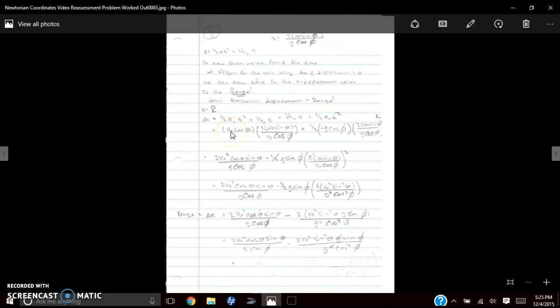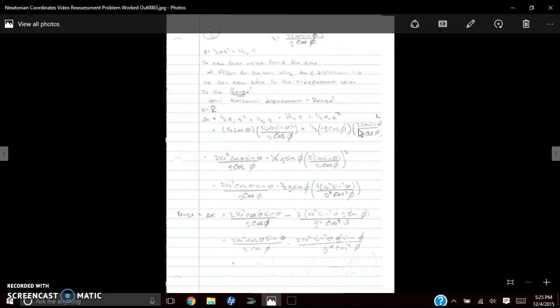So here I'm plugging back into my displacement equation for x: v naught x t plus 1/2 a x t squared, which is my acceleration in the x direction, my time of flight, and my initial velocity in the x direction. This is my v naught x, this is my time of flight for the ball, plus 1/2 times my acceleration in the x direction, and this is my time of flight of the ball squared.